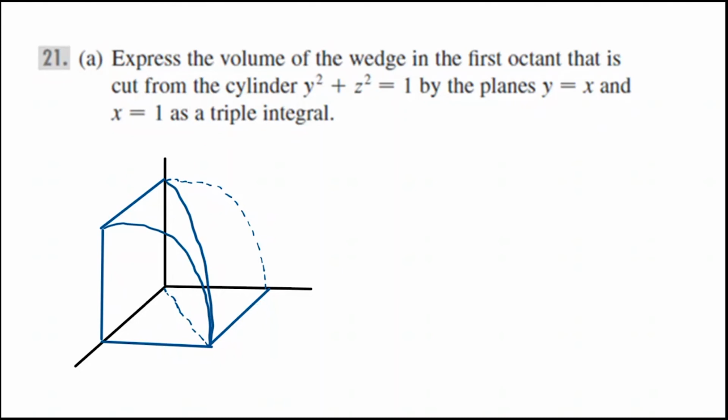Right, so let me label this thing. So this thingy right here is x is equal to 1. And this thingy right there is x squared plus y squared plus z squared is equal to 1. Okay, and this thingy right there is y is equal to x.